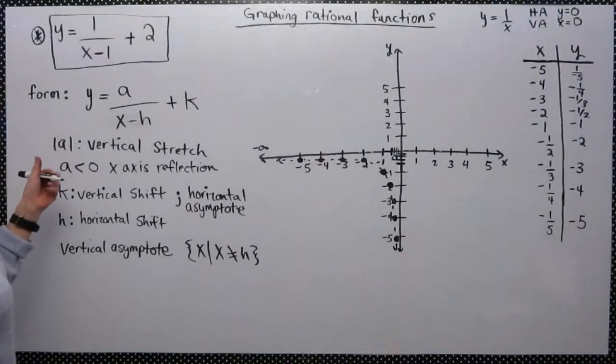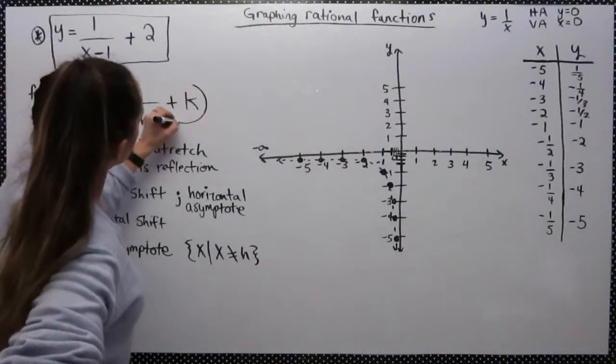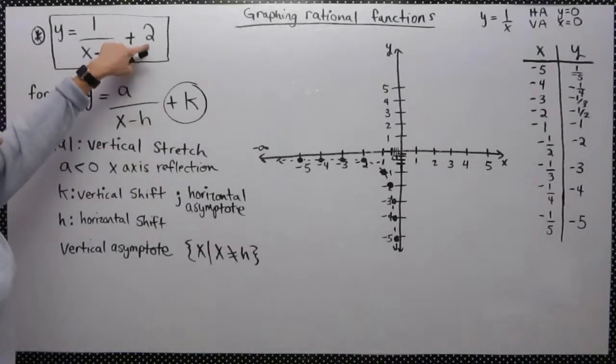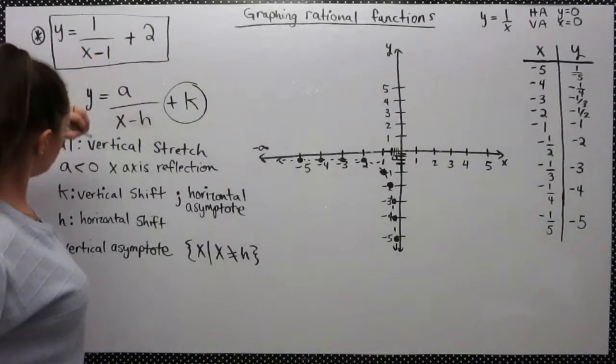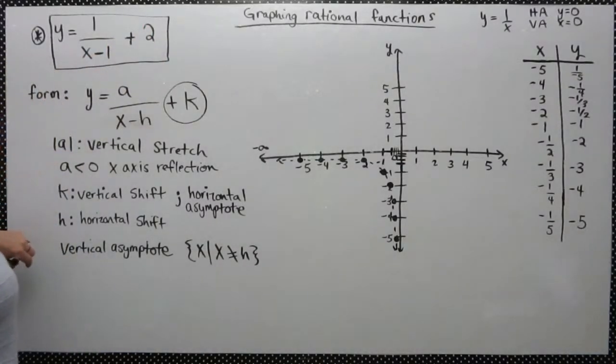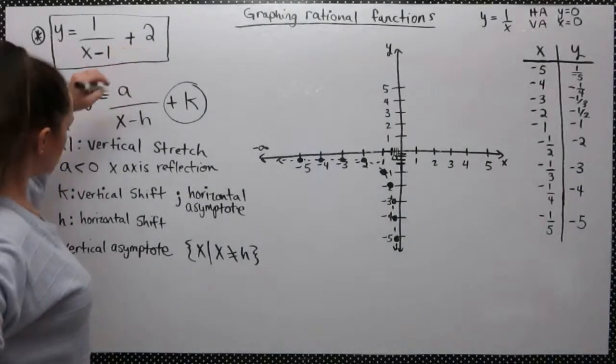Let's start with the K value here for +2. For this graph, you have your vertical shift. So you're shifting up vertically 2 units.